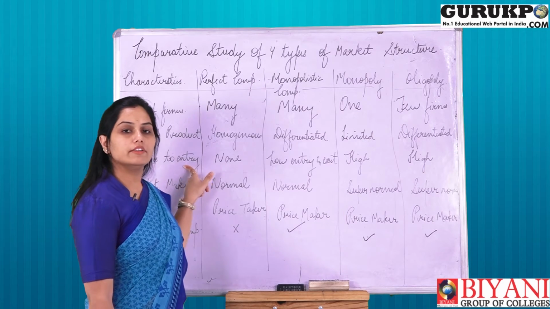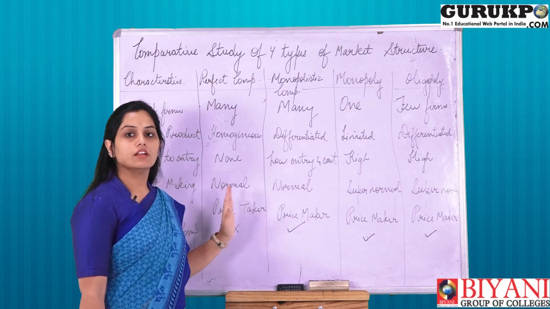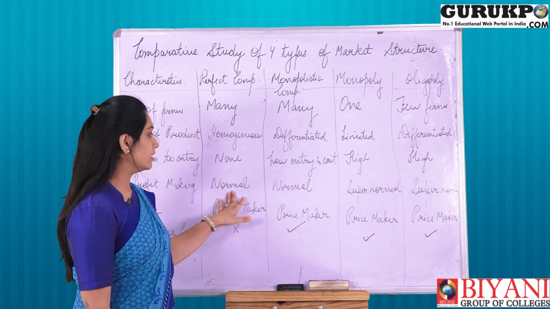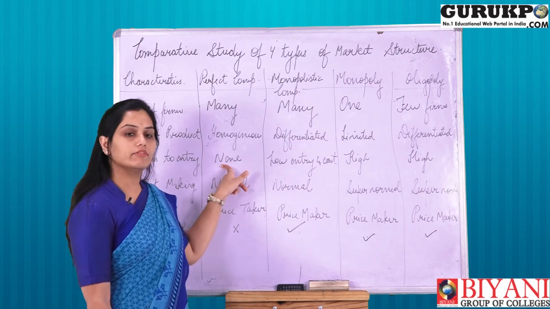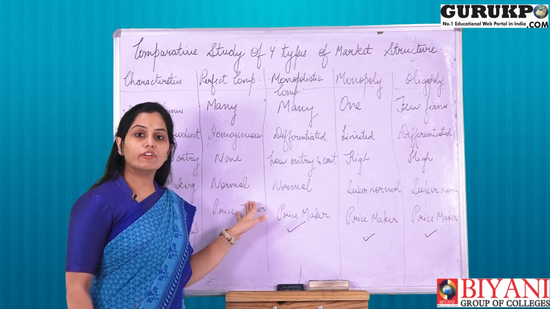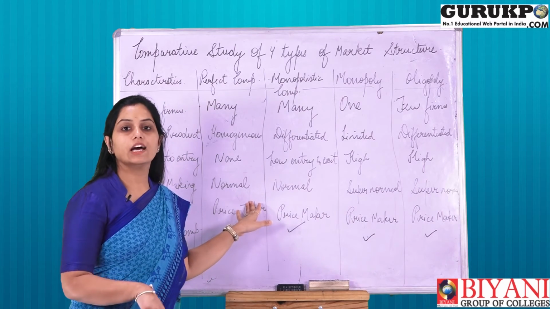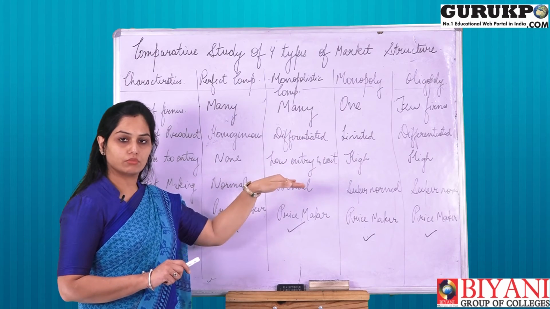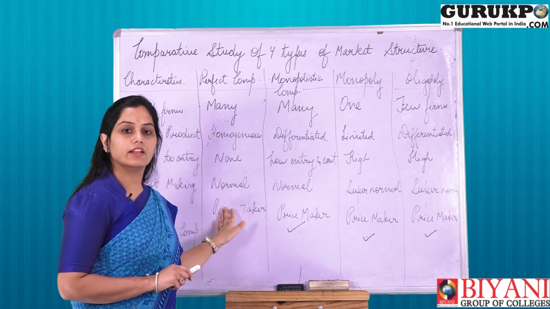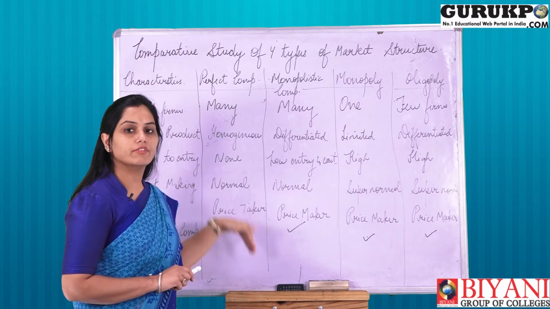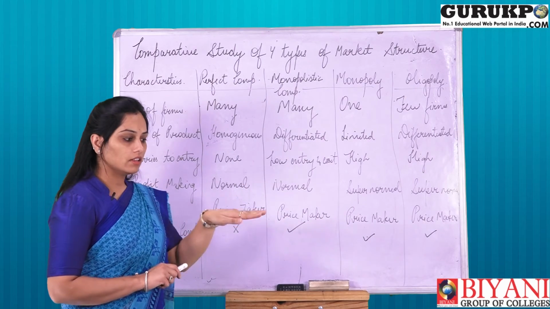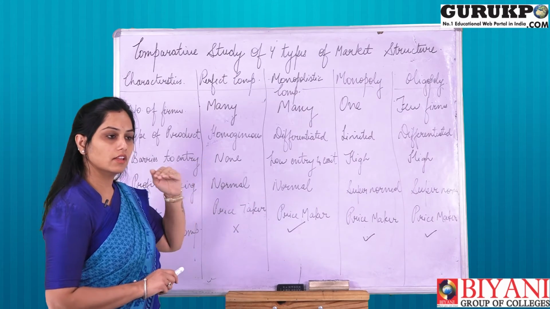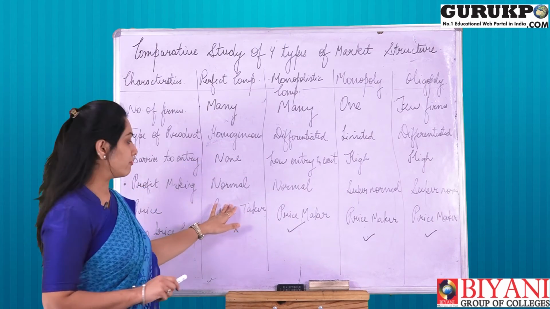Say all the firms in the industry are earning supernormal profit. Anyone can enter the industry because there are no entry barriers, so the profit will be divided among the new entrants also, and the level of profit will come down. Similarly, if all the firms are earning losses and some firms exit, the level of profit will rise until it reaches normal profit.